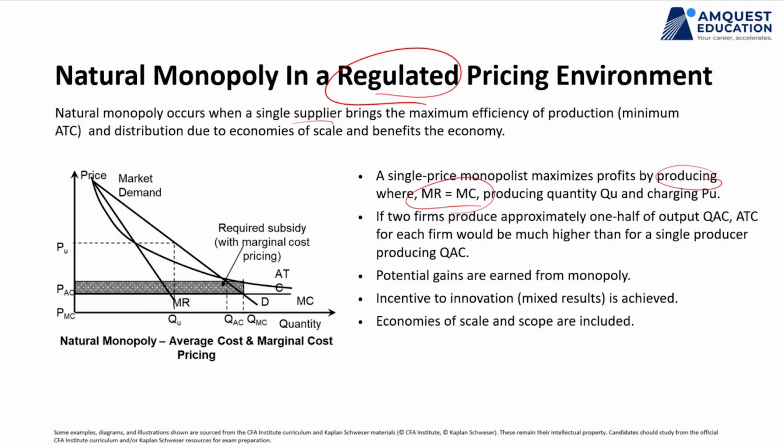If two firms are there, each producing, potential gains are earned from the monopoly. They'll look at economies of scale and try to price the goods in such a way that the over-profits they make are regulated through government subsidies.